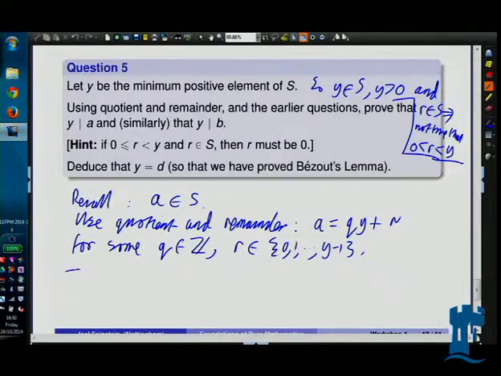But then R is equal to A minus QY. Y is in S, A is in S, Q is an integer, and we showed earlier you can combine things in S to get things in S. Can't remember whether that's question 2 or question 3. I think it was question 2.